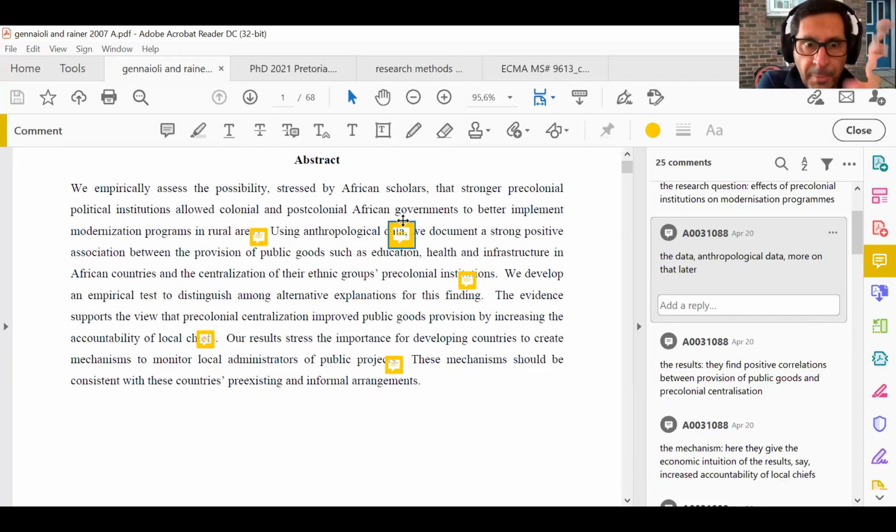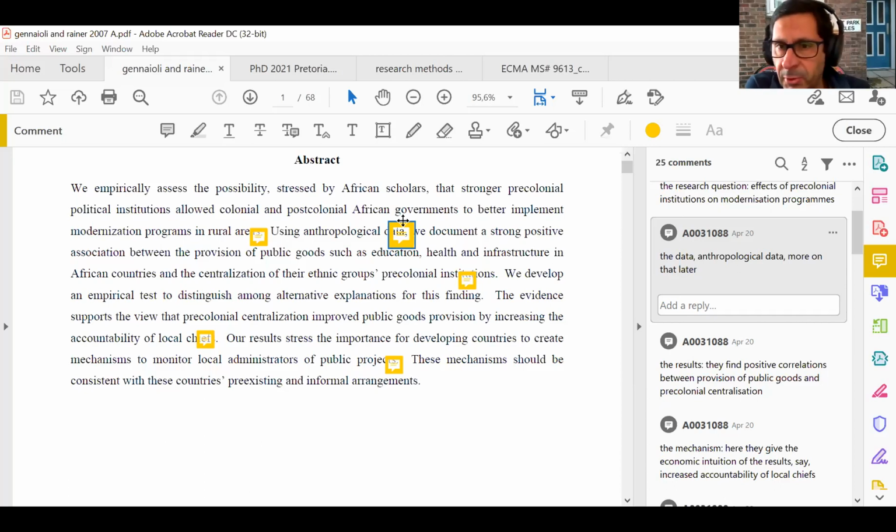We are not talking about airports. The Cape Town airport is a great airport, but that's not exactly what we are talking about when we talk about provision of public goods, right? Such as education, health, and infrastructure in African countries, and the centralization of their ethnic groups, pre-colonial institutions, right?